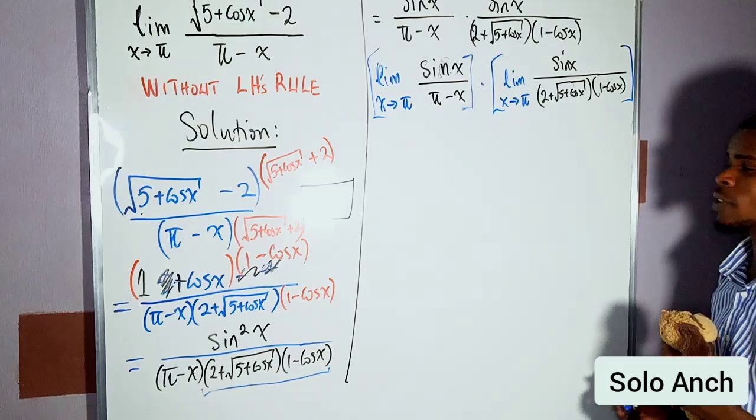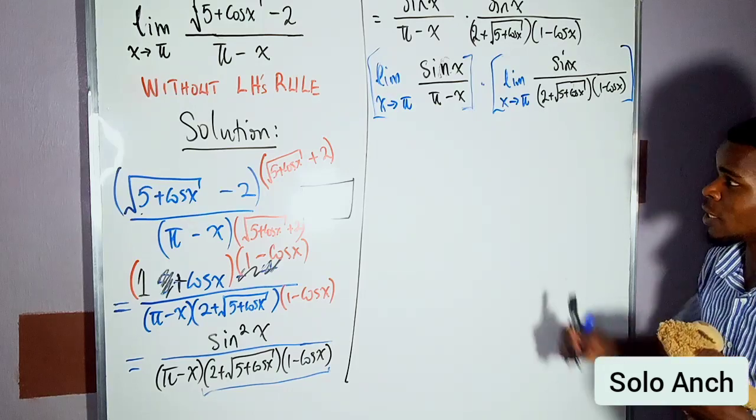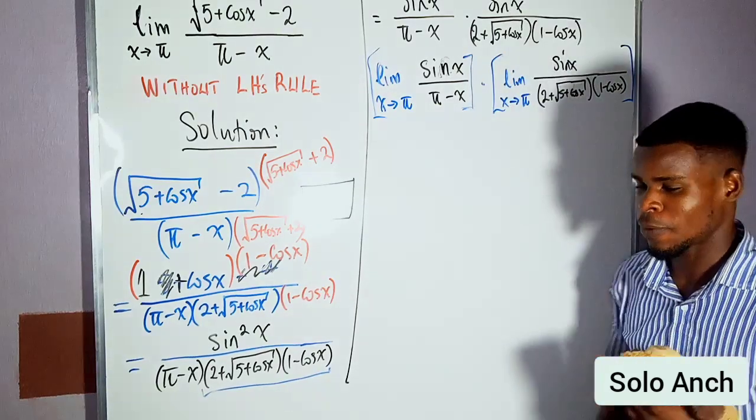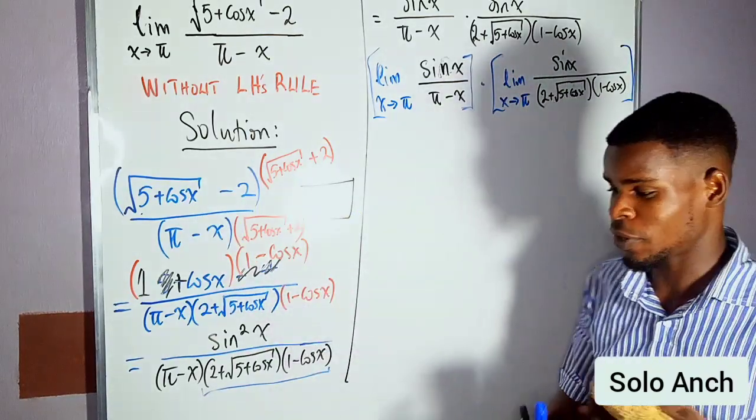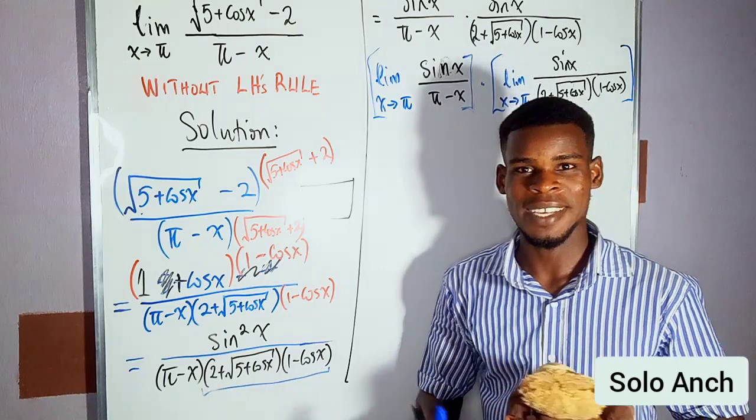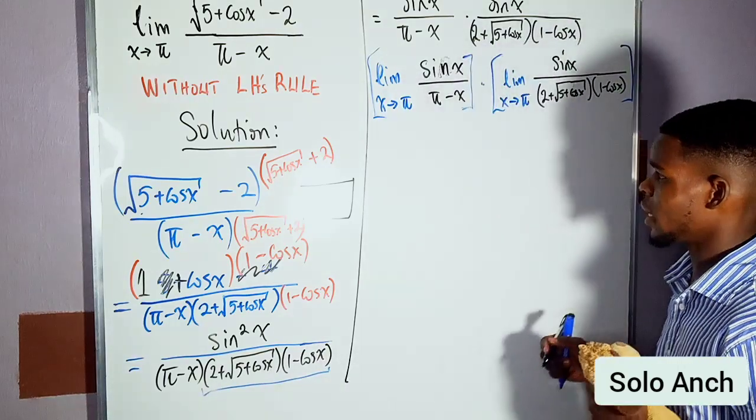Okay, that's nice. But there is this wonderful property that when we have sine of pi minus some angle, the result is the same as sine of that angle that we subtracted from pi.